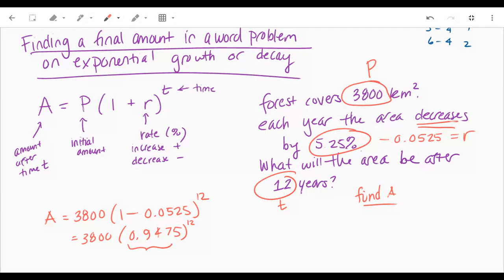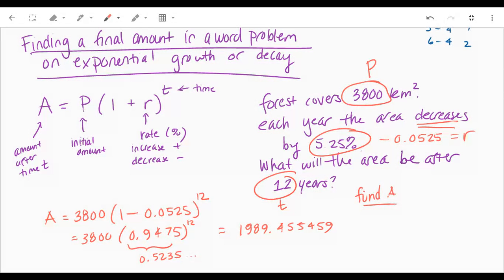On my calculator, I do 0.9475 to the 12th first, and that comes out to be about 0.5235. Leave it right on your screen and multiply by 3,800, and I get 1989.455459.